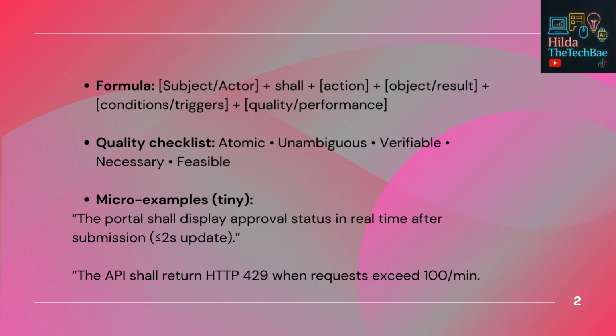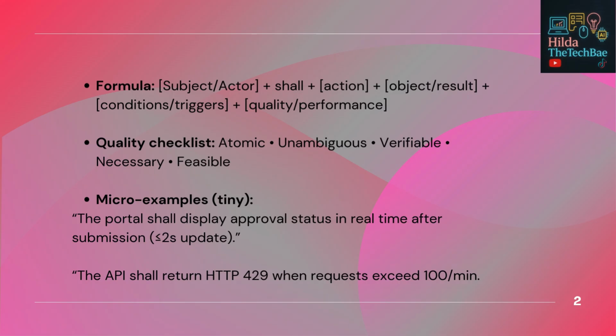If there's a trigger or a condition, include that. So see that here in the first bullet point for formula. Then finish with any measurable performance, latency, frequency, or accuracy.